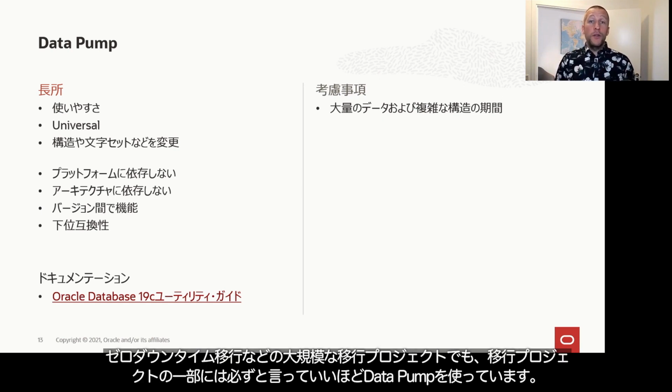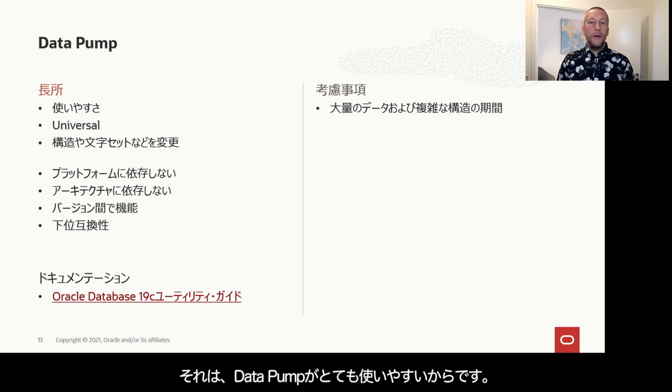Even for those huge migrations where we roll out the big artillery and come with zero downtime migration and so forth, for one part of the migration project or the other, we've almost all the time used Data Pump. Why is that? It's because Data Pump is so easy to use.